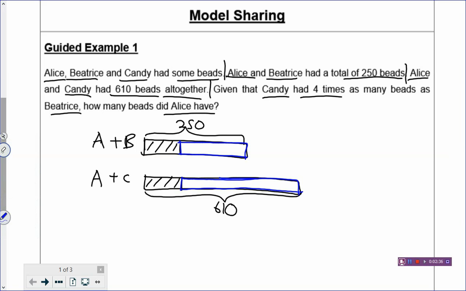Candy had 4 times and Beatrice had 1 time. If you cut, your boxes will not be proportional. So are we going to erase and draw again? We don't have to. For Candy, you just indicate 4 units, and for Beatrice, 1 unit. So how many beats did Alice have? Your question mark will be to find the shaded part. Now the model is done.